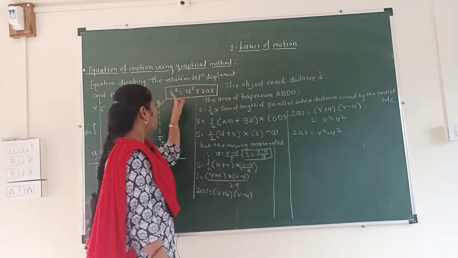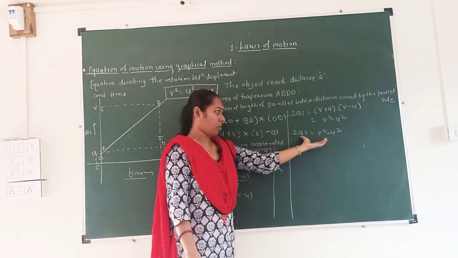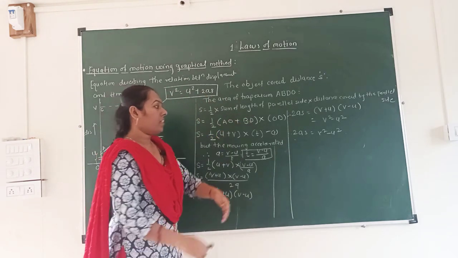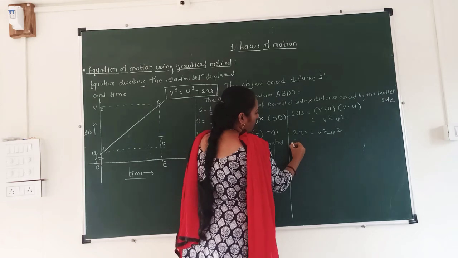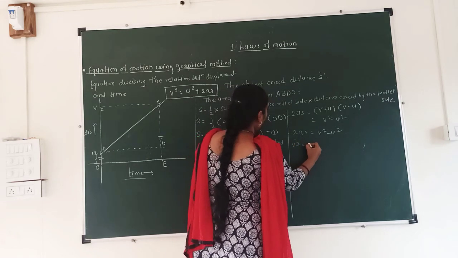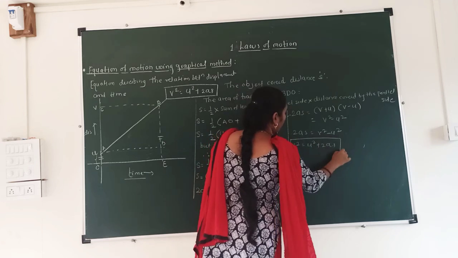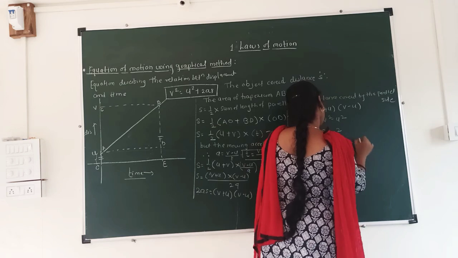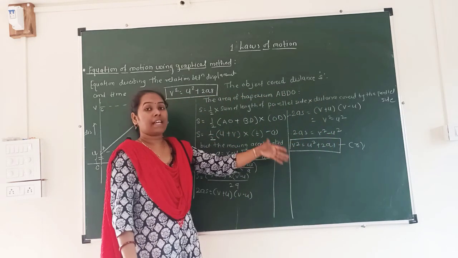Approximately, this equation is like the earlier one. By rearranging this equation, we get v square is equal to u square plus 2as, and this is known as the equation of motion using the graphical method, the third equation.